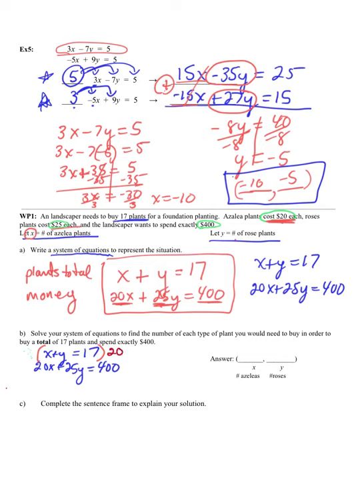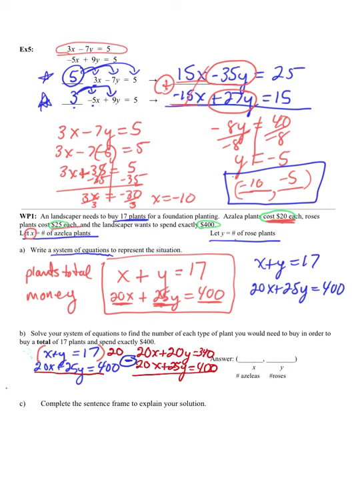Okay. So I'm going to get 20x plus 20y equals 20 times 17 is 340. Then I'm going to keep this one the same: 20x plus 25y equals 400. And I'm going to subtract in order to wipe out the x's.